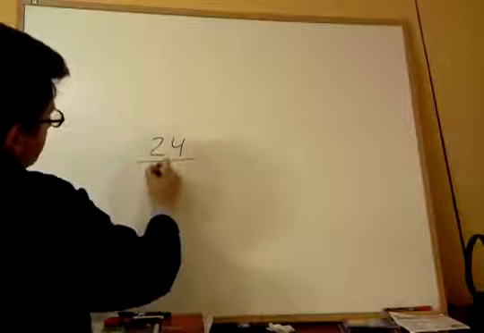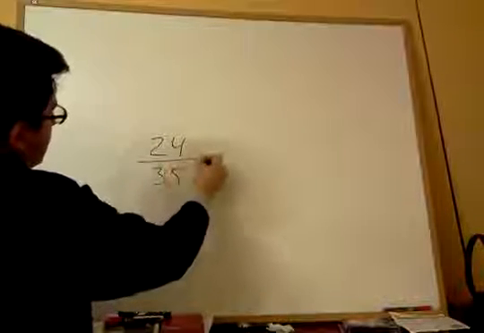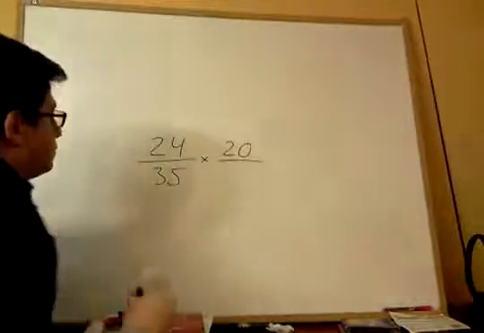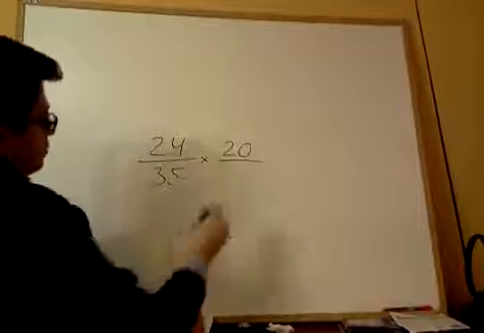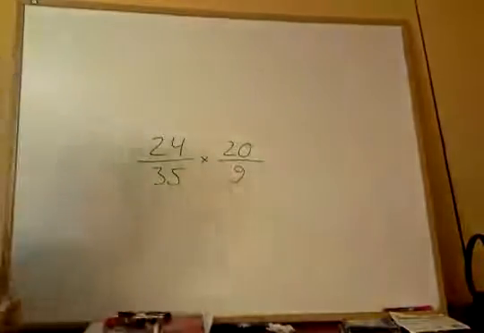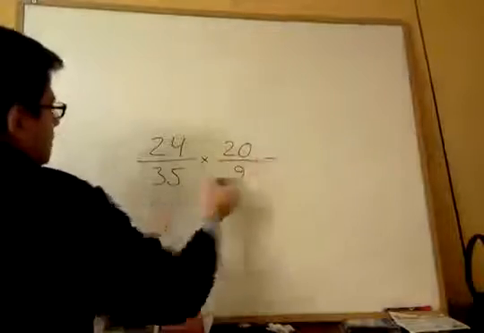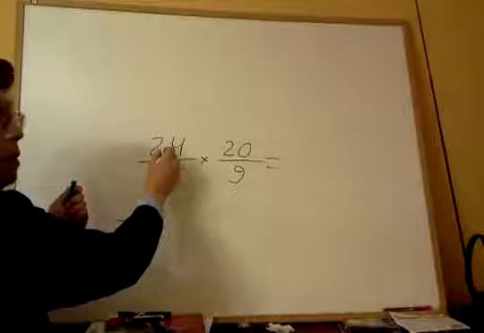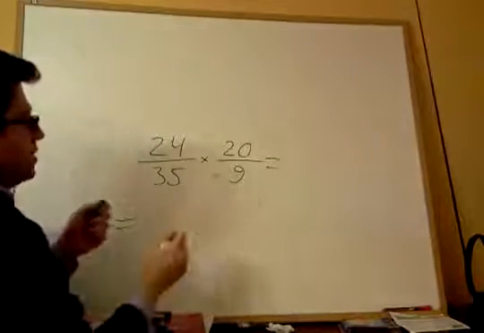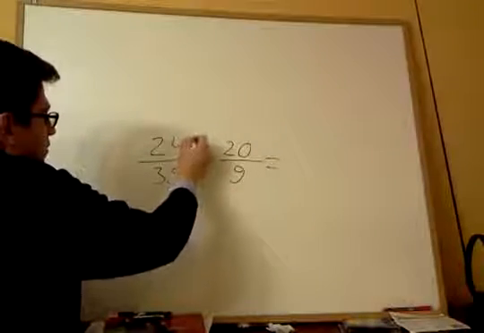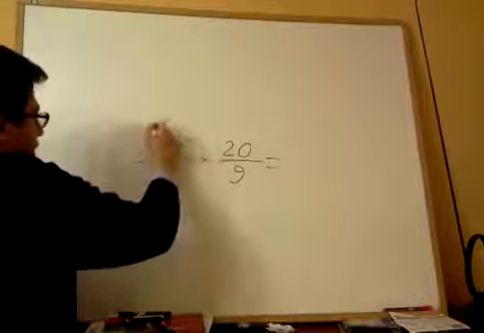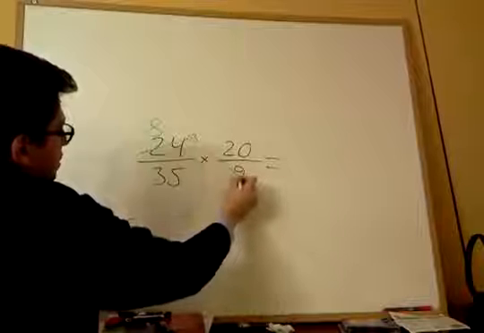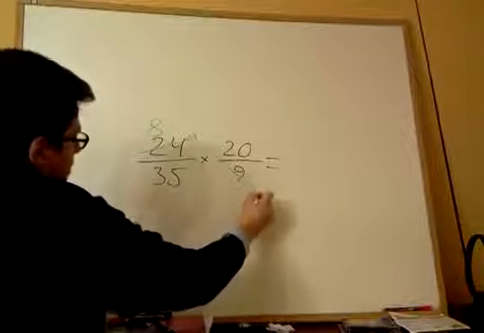24 out of 35. We'll multiply by 20 out of 9. Okay. So 24 as well as 9 are both divisible by 3. 24 divided by 3 is 8. 9 divided by 3 is 3.